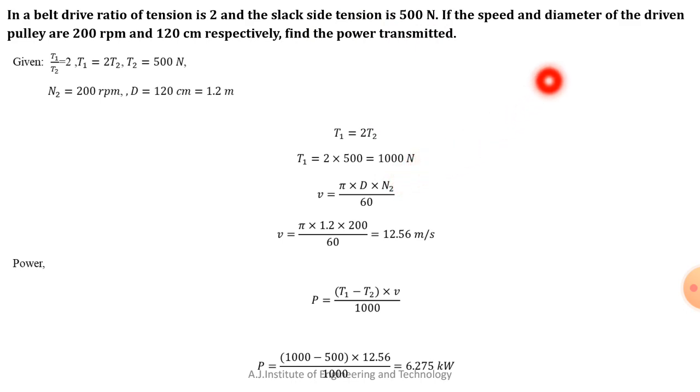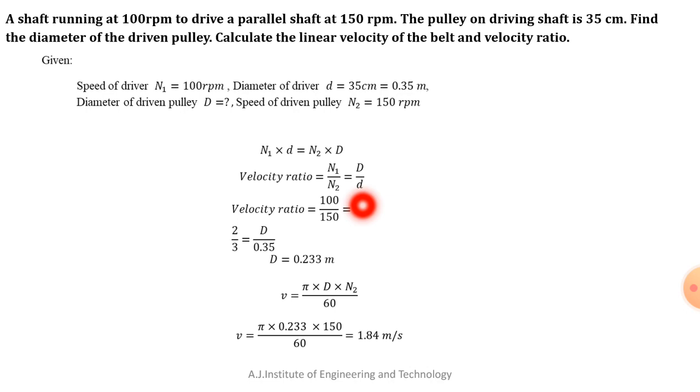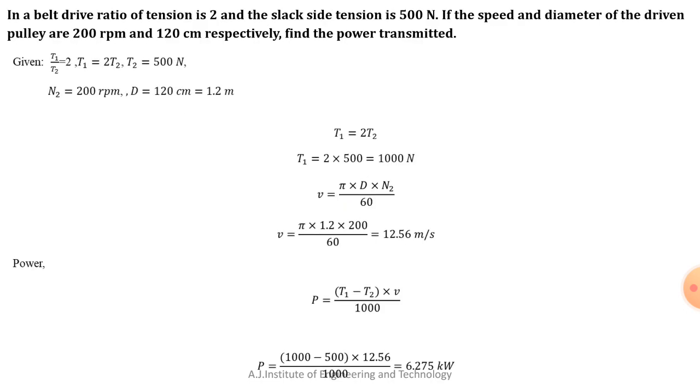Now they have given speed, so for the relationship between the speed and velocity you have to use this equation, very important, that is V equal to pi d n divided by 60. You can use it for a driver as well as for driven. So if you use it for driven, then you have to use capital letter D, and N also you have to use N2 divided by 60. So now we can substitute all the values here.